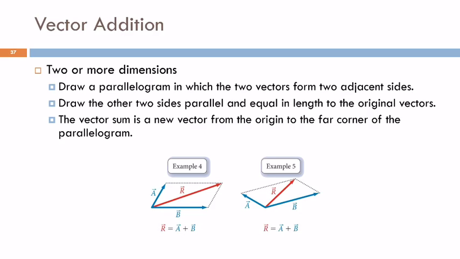Let me just draw another one, kind of random. What would happen if we added those together? Well, I need to draw, that's not very parallel. So I'm trying to draw this line parallel with that one.